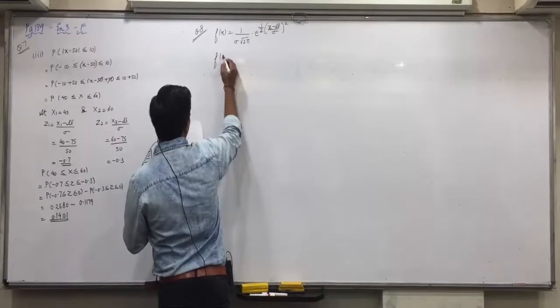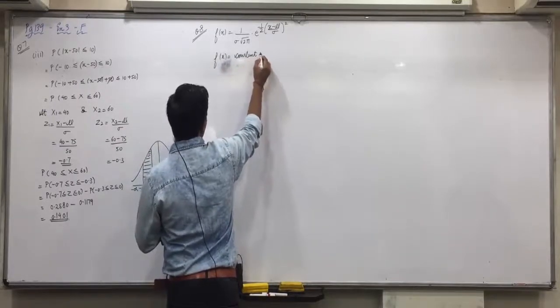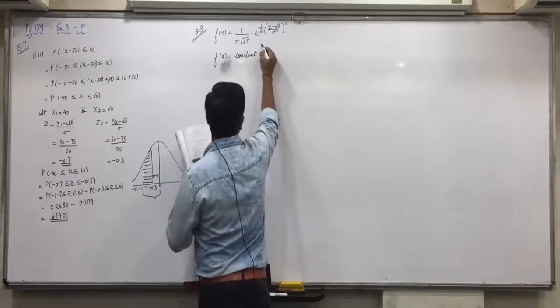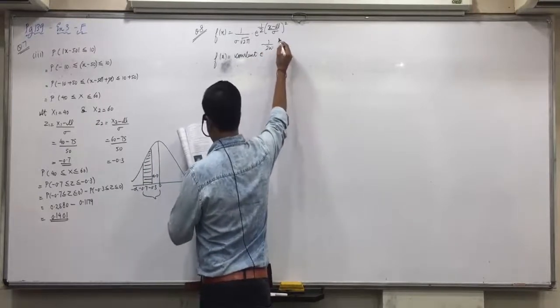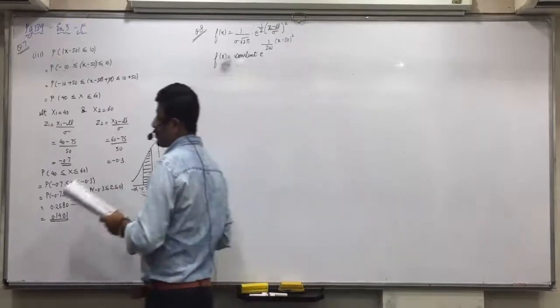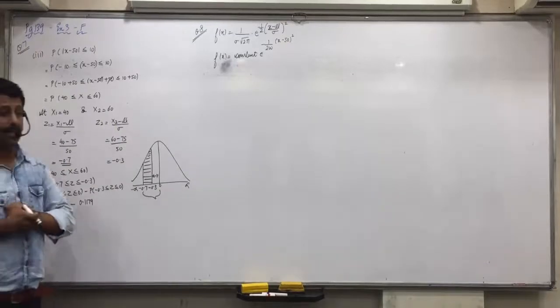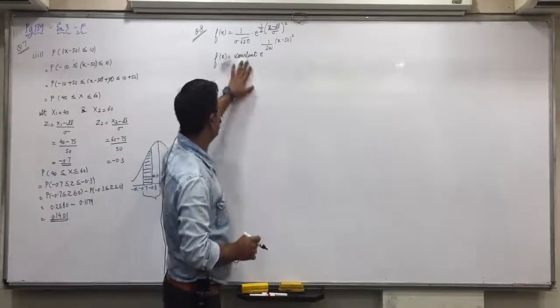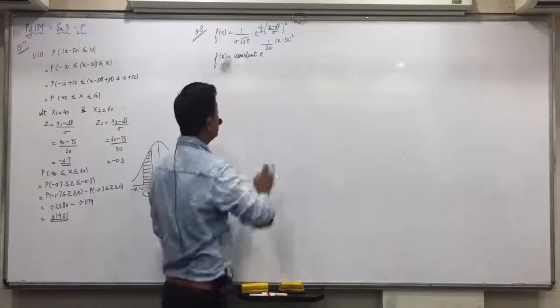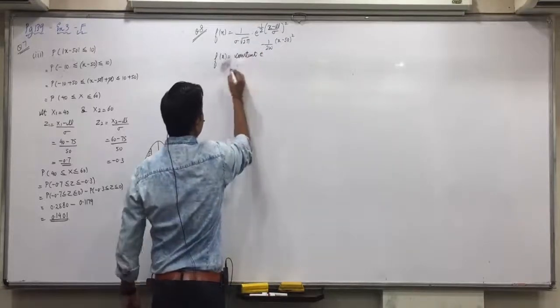Write down that fx equals to constant into e raised to minus 1 by 200 x minus 50 whole square. First of all, simplifying it, we need mu and sigma. Constant, keep it constant. Can mu and sigma be obtained from this also or not? Yes. So even if this is not there, it doesn't make any difference.